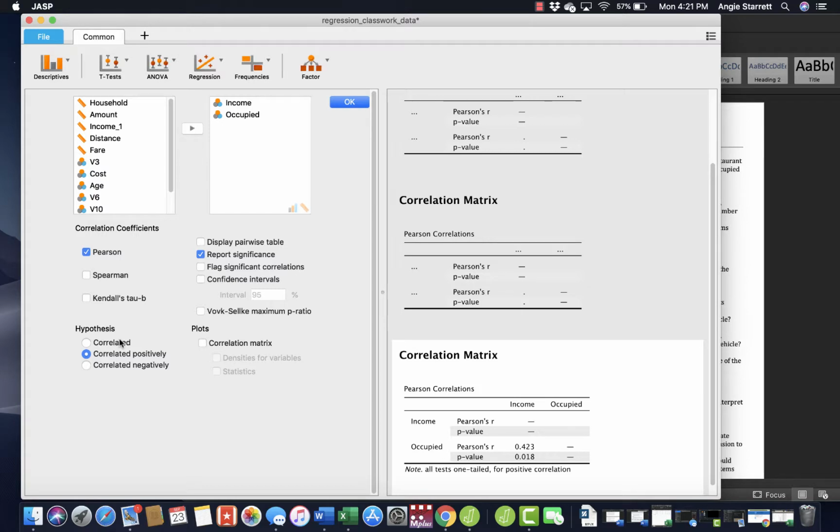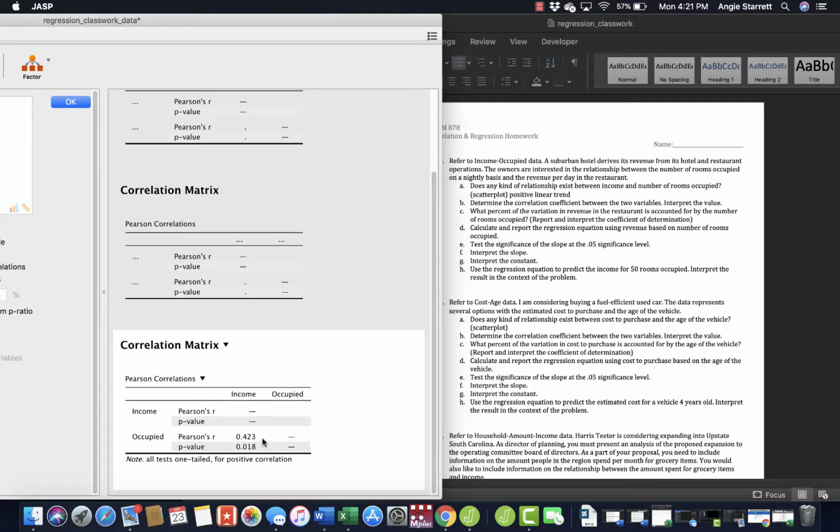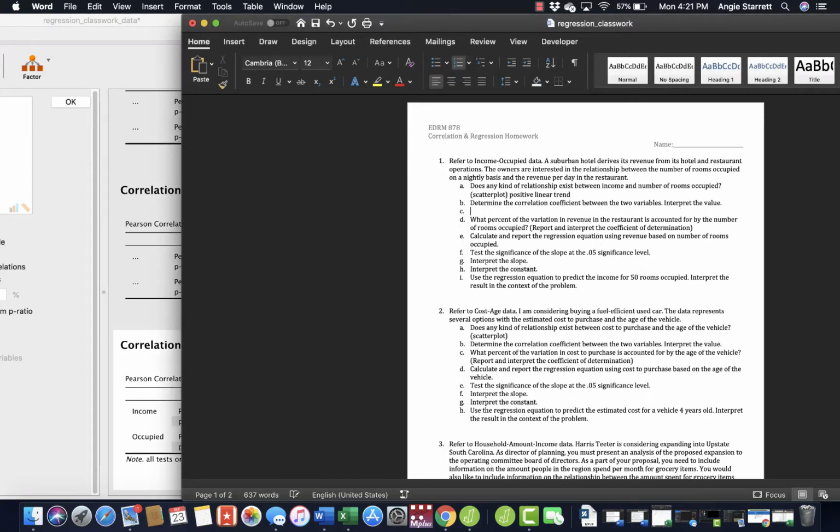All right, so we actually said we think it's positively correlated, so we check on correlated positively, and we get a Pearson's R, so the correlation coefficient is 0.423. So anything above 0.4 to 0.7 would be a moderate positive linear correlation.